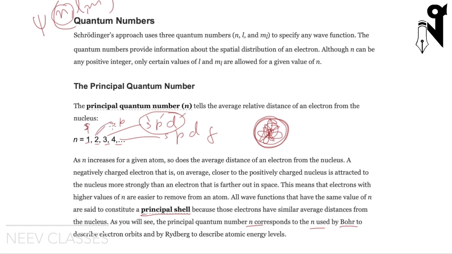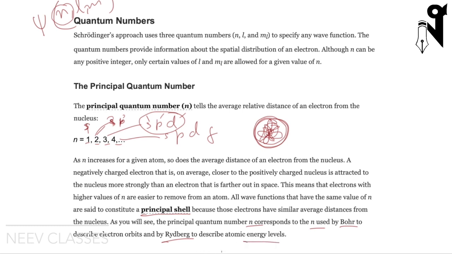The other one is a bit complicated. It has two kinds of shapes in it, and there the radius doesn't correspond. Should it correspond to s or p? It doesn't correspond. We'll see that in a bit of time. But it is mostly what Rydberg said, the atomic energy levels.